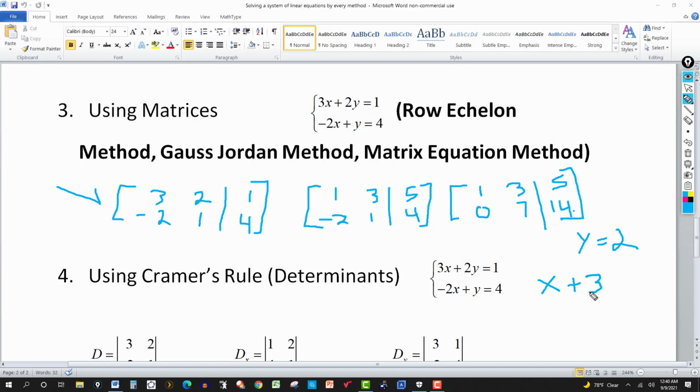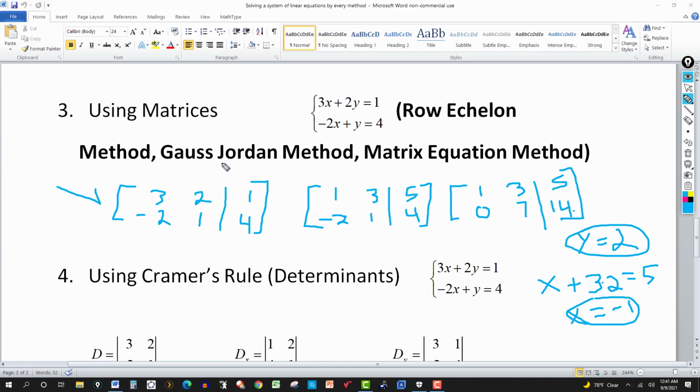So this is x plus 3 times 2 is equal to 5. So solve that for x. 3 times 2 is 6. Subtract it from the other side over here. 5 minus 6 is negative 1. Okay, you get the same thing. x is equal to negative 1. y is equal to 2. Or it's the ordered pair negative 1, 2.